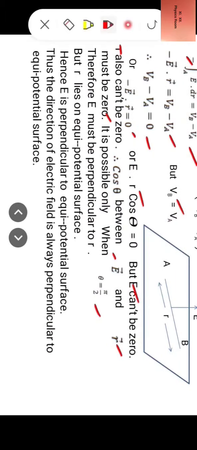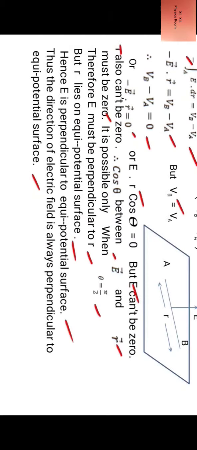Now, if theta is pi by 2, then E must be perpendicular to r. But r lies on the equipotential surface. Hence, E is perpendicular to the equipotential surface, because E is perpendicular to r and r lies in the equipotential surface. Thus, we can say the direction of electric field is always perpendicular to the equipotential surface.